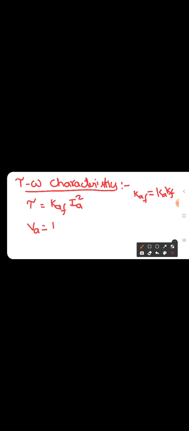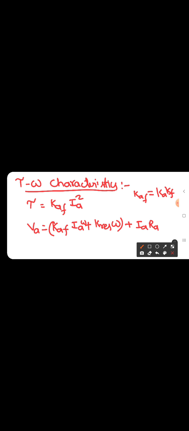That means Ka F into Ia plus Kres into omega, here also omega is there, plus Ia into Ra.